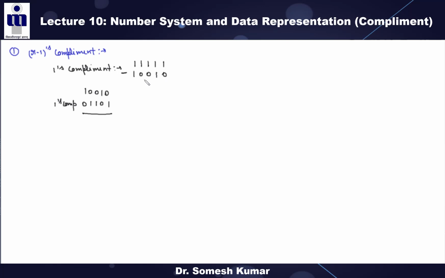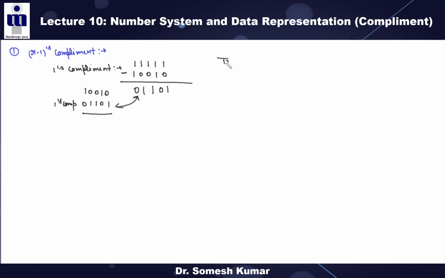You have to find the 1s complement of this number, so subtract this binary number from the maximum number. 1 minus 0 is 1, 1 minus 1 is 0, 1 minus 0 is 1, 1 minus 0 is 1, 1 minus 1 is 0. Both results are similar. This is the way to find the R minus 1s complement.